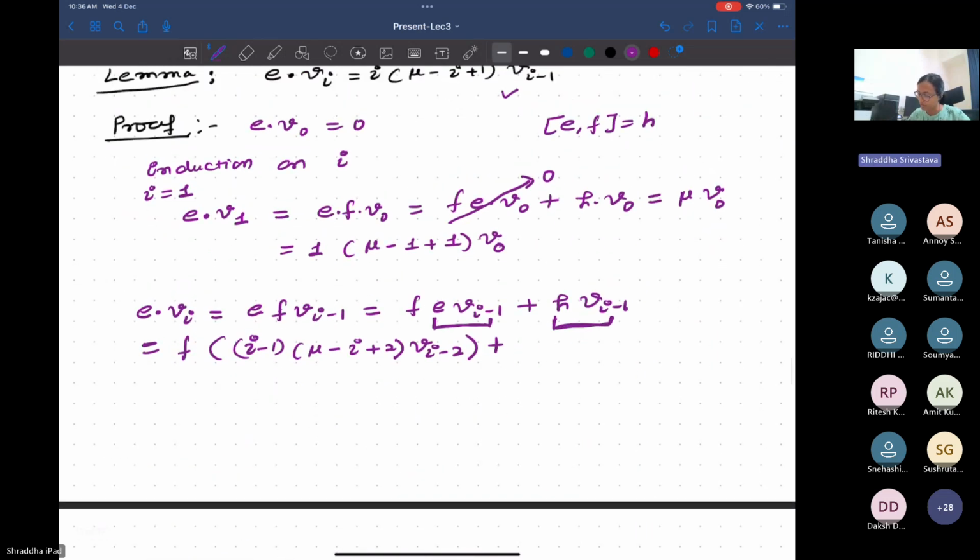So what is h acting on v(i-1)? This is going to be mu minus 2 times (i minus 1) times v(i-1).